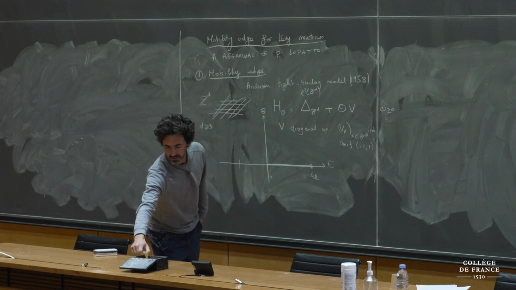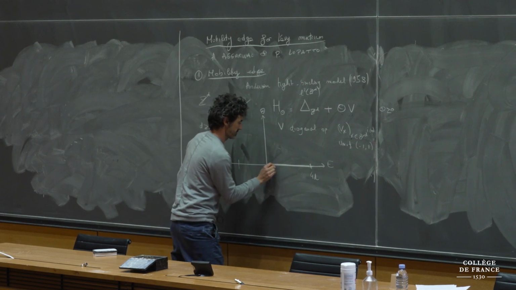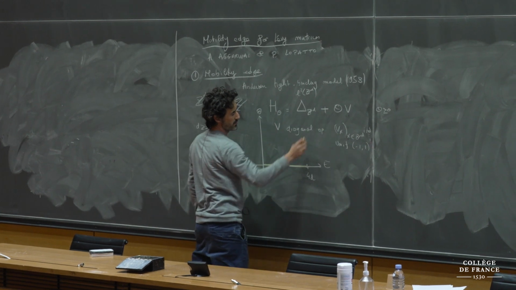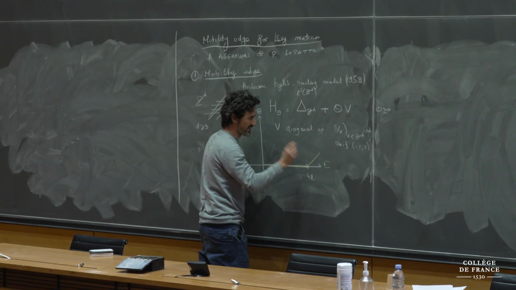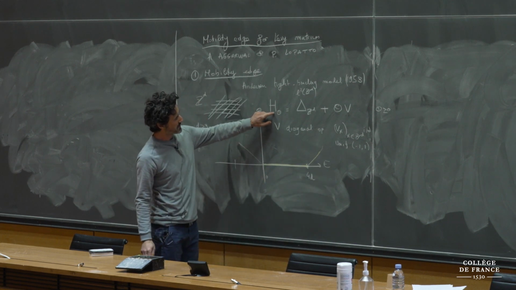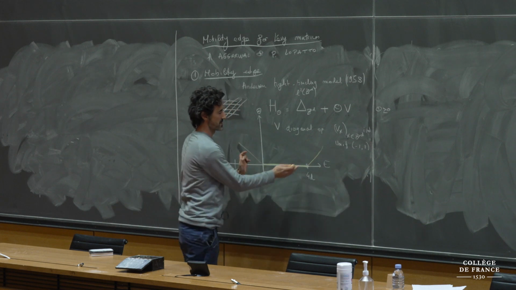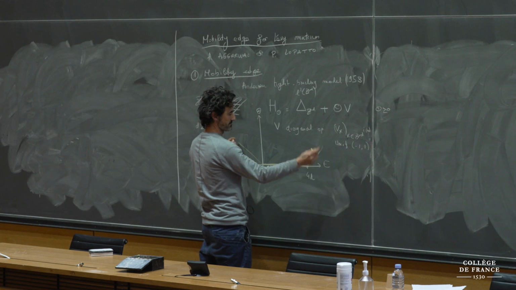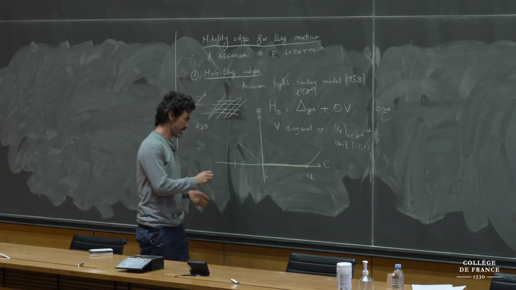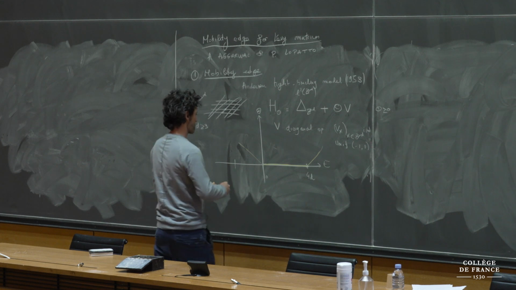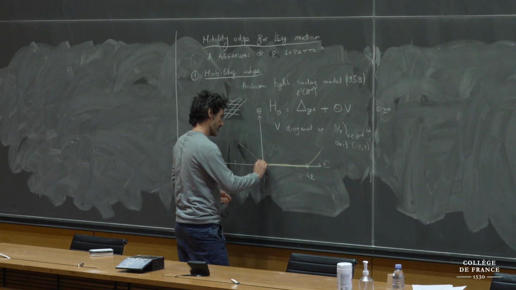And for a given theta, the spectrum of this operator, if you take IID uniform, is simply this interval plus theta. And the following phase diagram has been conjectured for many years now.